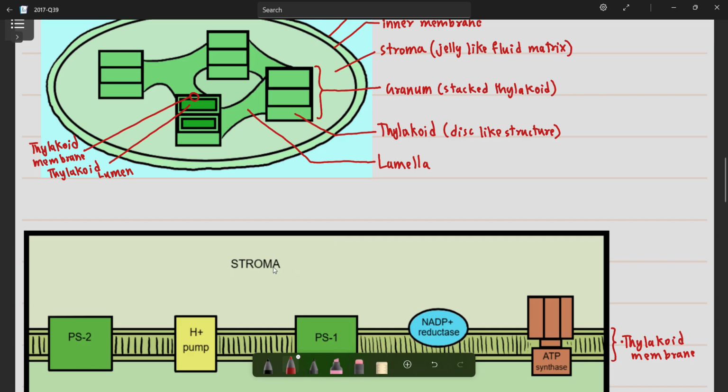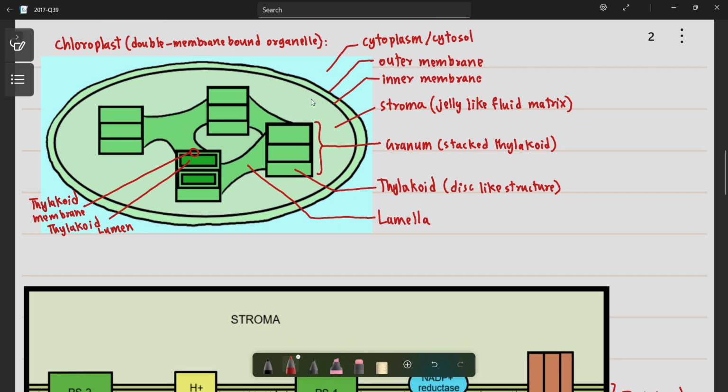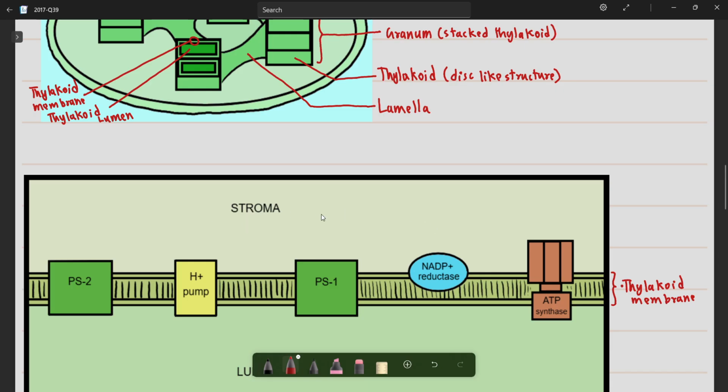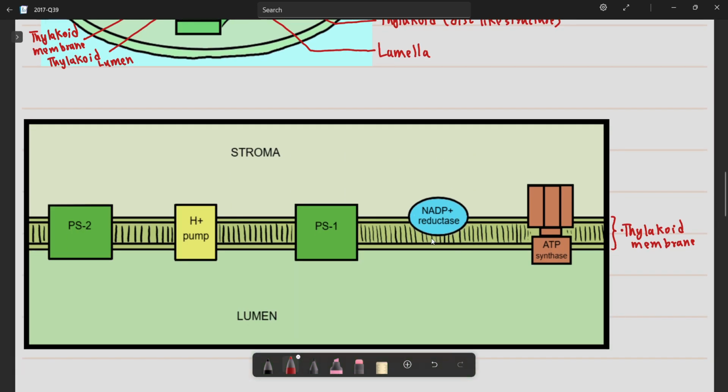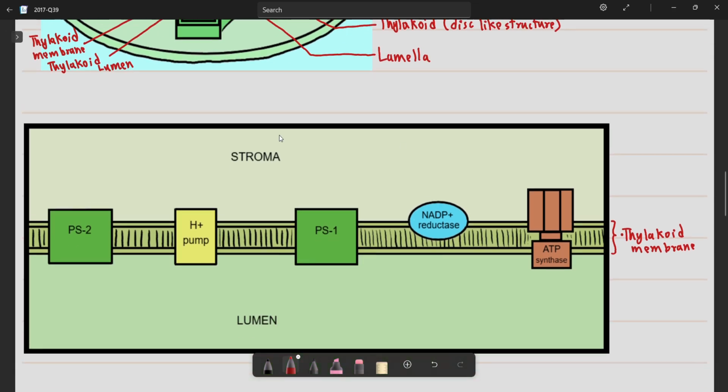And this part is stroma, as the stroma surrounds each thylakoid, because outside of the thylakoid membrane is the stroma, this jelly-like fluid structure. So this is stroma, this is the thylakoid membrane, and this is the lumen, the space inside the thylakoid structure.